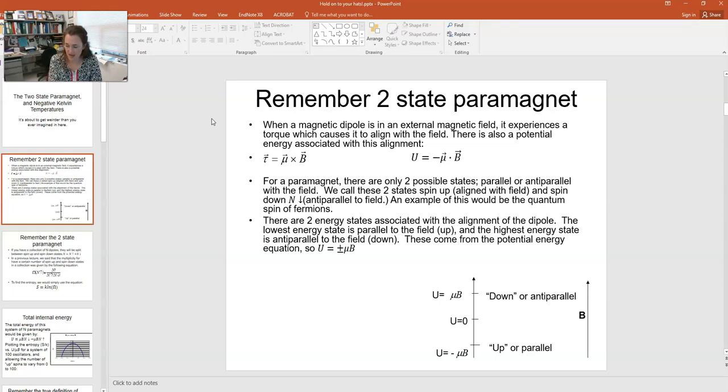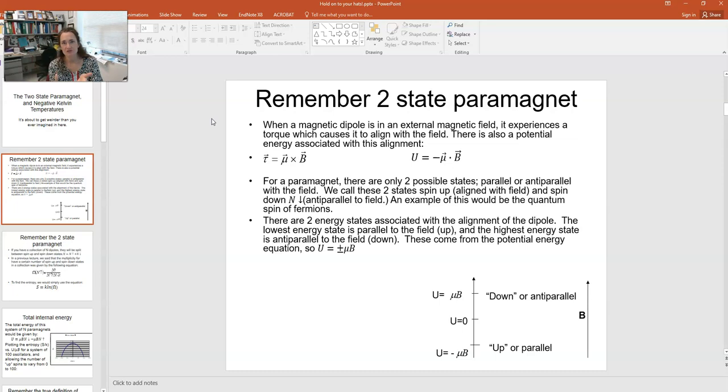It's aligned, it's happy, there's not going to be any net torque anymore. However, if the magnetic dipole is oriented anti-parallel to the field, so that it's pointing in the opposite way, then that'll be the highest energy state for that system, okay? And so that's why the minus sign is there.